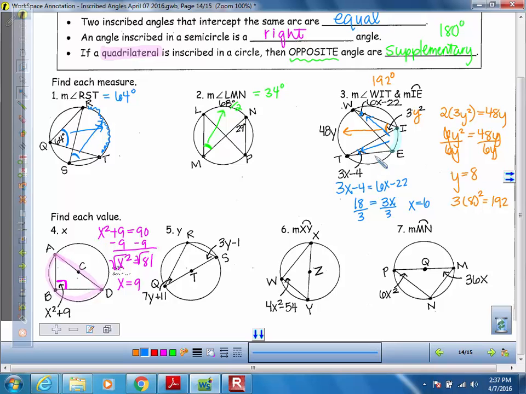So if I plugged 6 back in here, that would give me 3 times 6 minus 4. We know 3 times 6 is 18, minus 4 is 14. So my angle measure is 14, which makes this arc measure what? 28. Very good.